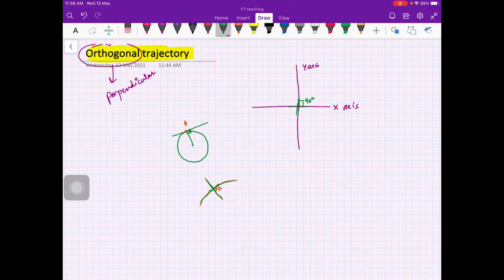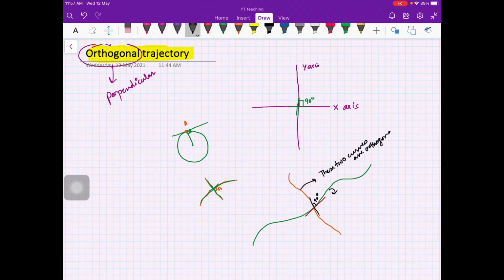So this is the meaning of orthogonal trajectory. Suppose you have a curve, and suppose there is another curve. At a point, if you draw tangents to both these curves, suppose this is a tangent to the first curve and this is a tangent to the second curve, if the angle between them is 90 degrees, then we say that these two curves, green and orange, are orthogonal.